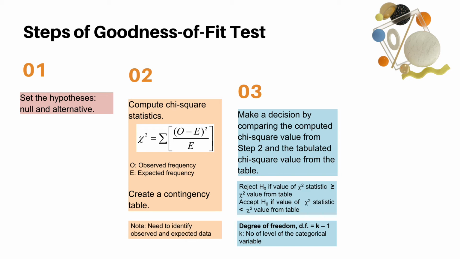The rule of thumb is that we reject the null hypothesis if the value of the chi-square statistic or calculated chi-square is more than or equal to the chi-square table value, and we accept the null hypothesis if it is the other way around. The degree of freedom is slightly different. It is given by k minus 1 for this test, and k represents the number of levels of the categorical variable.